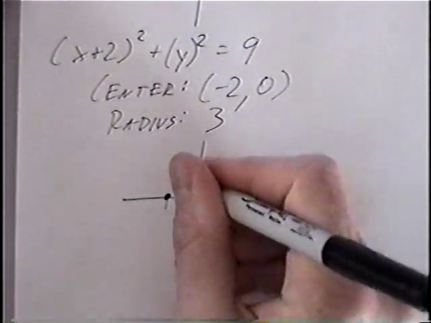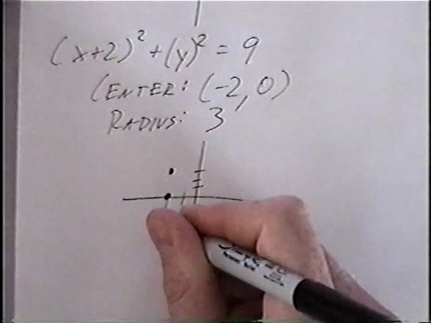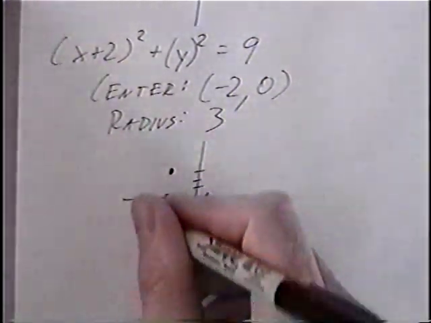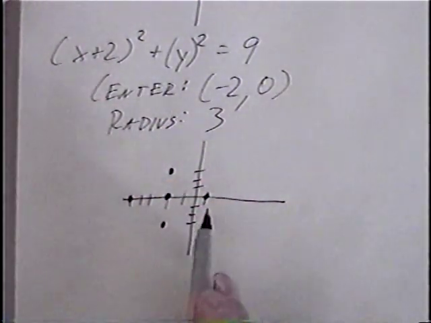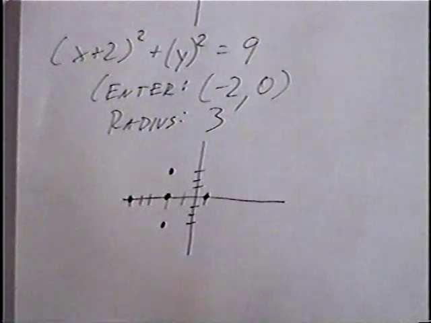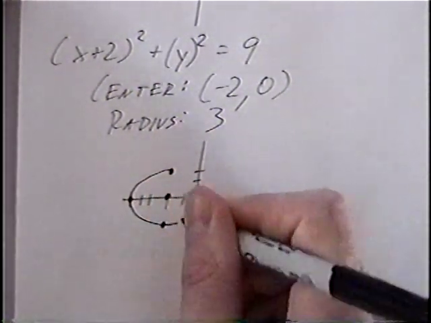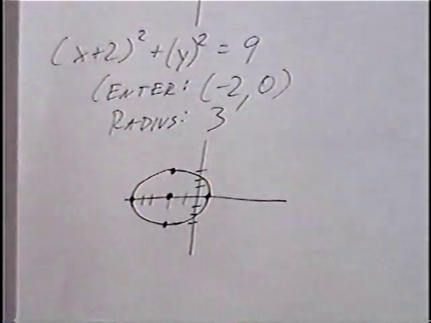So we'll go up 3 spots, down 3 spots, to the right 3 spots, and to the left 3 spots. Once you have those 4 points, you can connect them to make a circle. And that would be the graph of the equation.